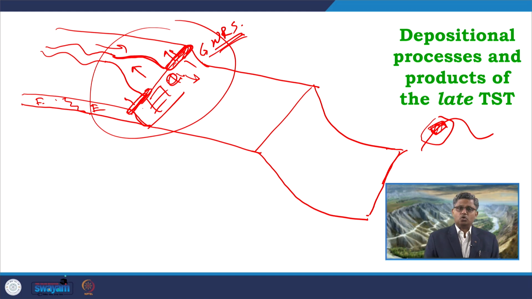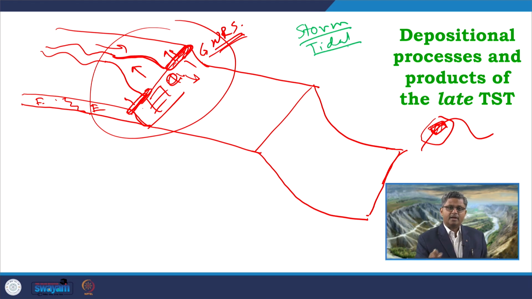Some sediments from this area may get eroded by this wave refinement process and they can get supplied along this direction. So, when sediments are supplied towards the self, what can be the processes responsible for that supply? Dominantly storms, that means the high energy waves, or some tidal currents. And in response to that tidal current or storm activities, we can get deposition of this kind of sand bodies, which are nothing but the formation of the sand microforms produced on the self.